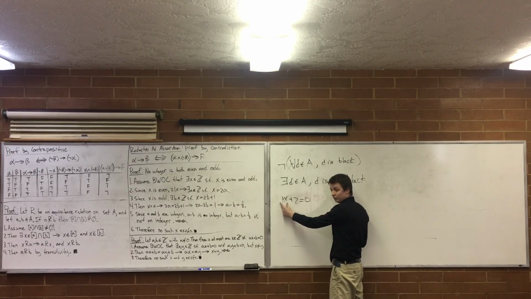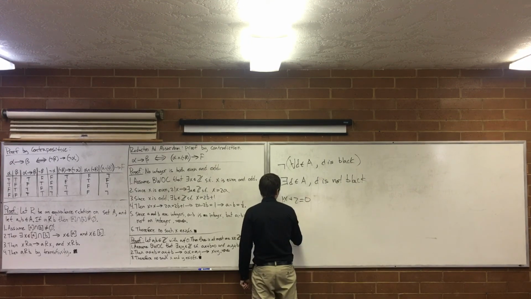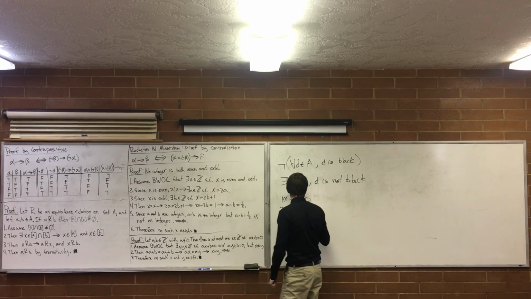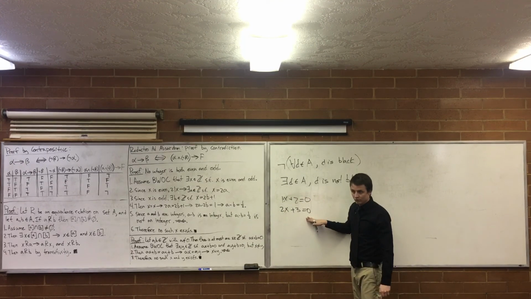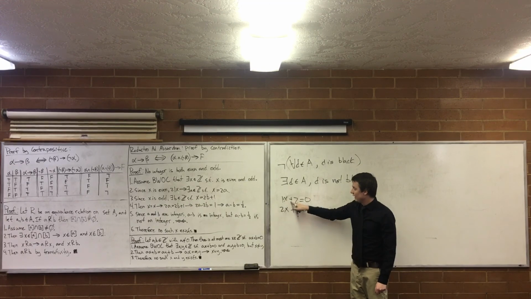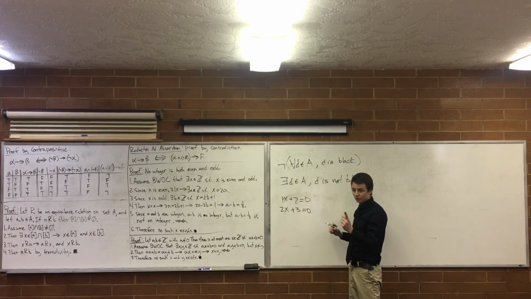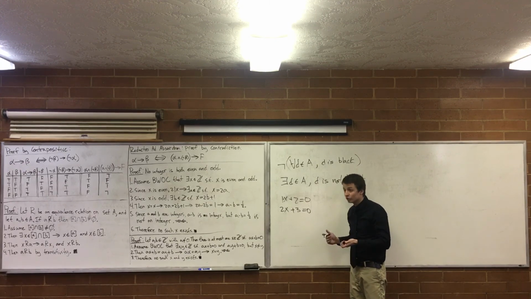Plug in negative 2 for x. But if you would have picked 2x plus 3 equals 0, this one has no solutions. So they're saying if you have it of this form, integer times x plus integer equals 0, then there's either no solution or one solution. But there's never two solutions.